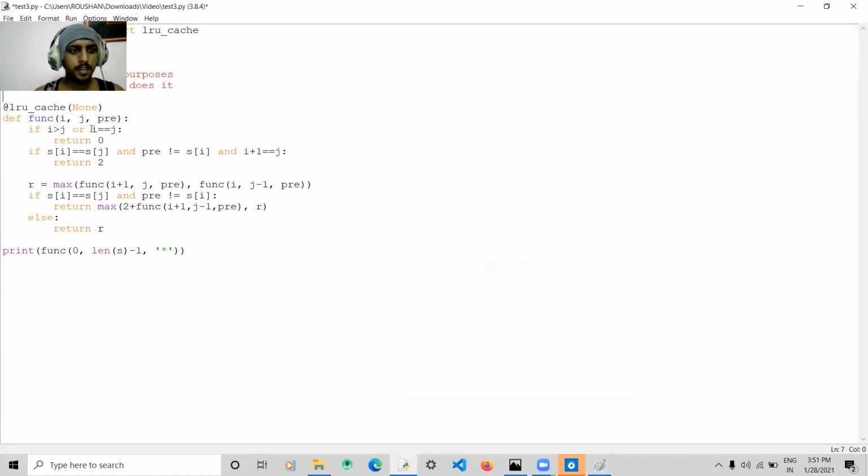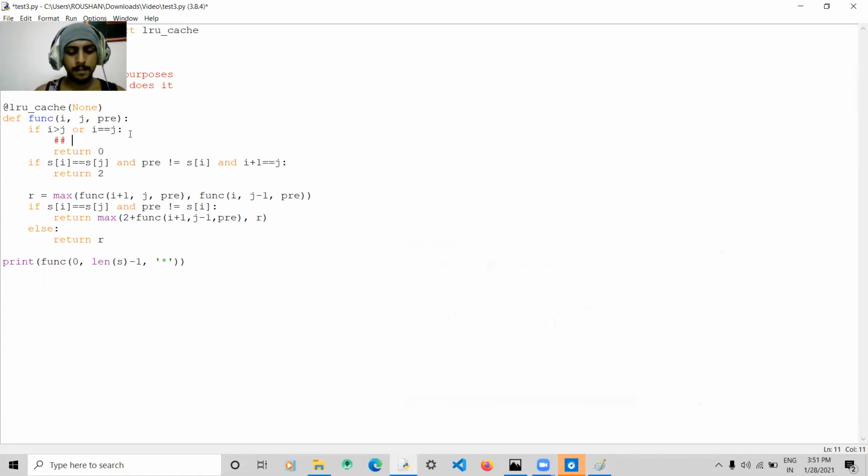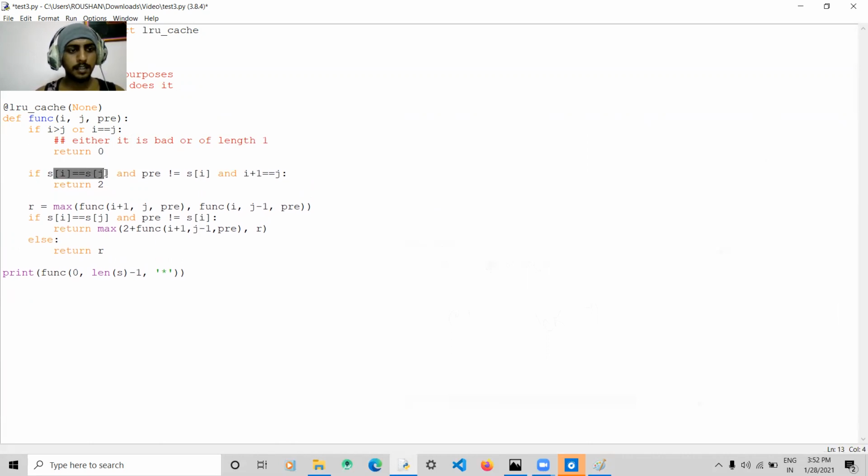So as you can see, if i is equal to j, then it is of length 1. Either it is bad or of length 1, so we return 0. If they match, like here, then we make sure it is not equal to the starting point: si is not equal to the previous value.